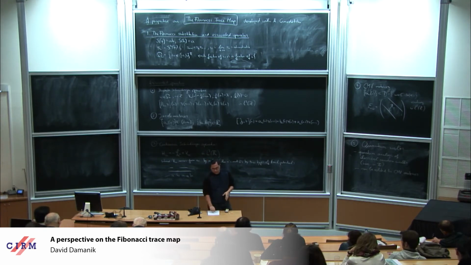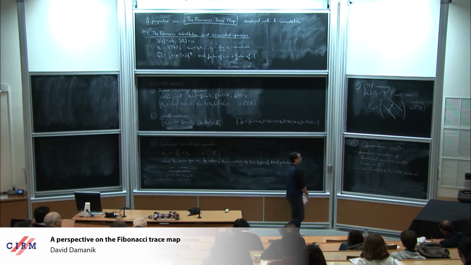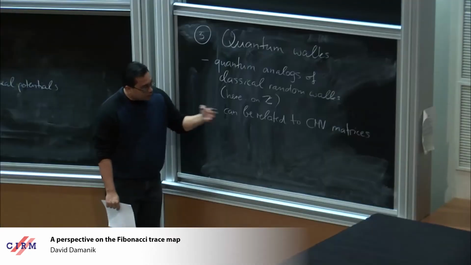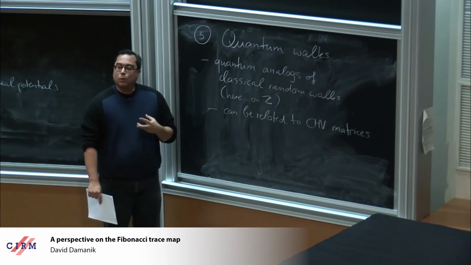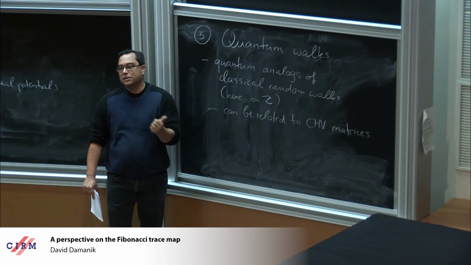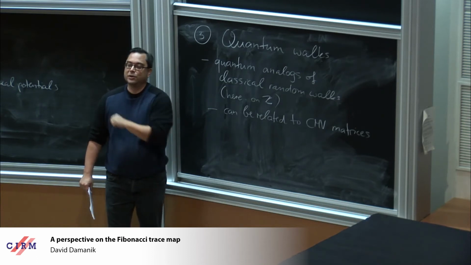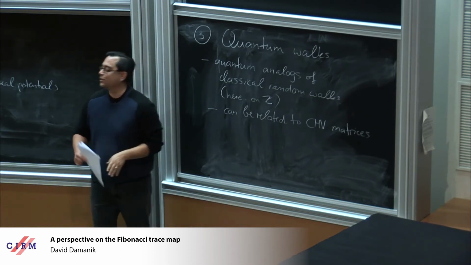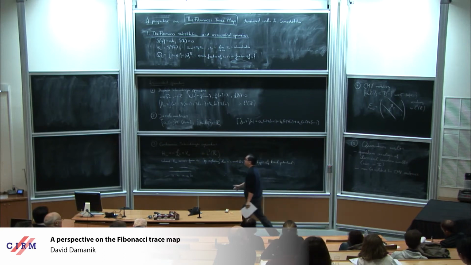For example, quantum walks move faster than random walks. That's one reason why people are interested in them. And so from our perspective, the question is, what can you say about a quantum walk with coins listed according to a Fibonacci sequence? That's the question that you could ask.